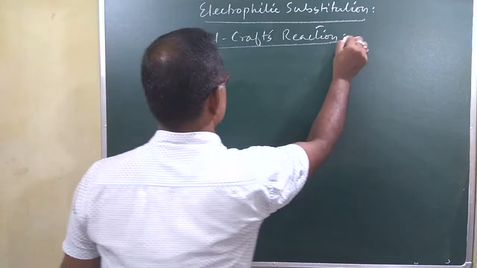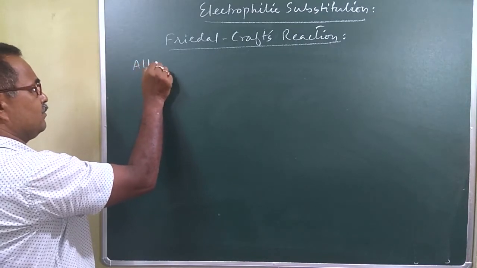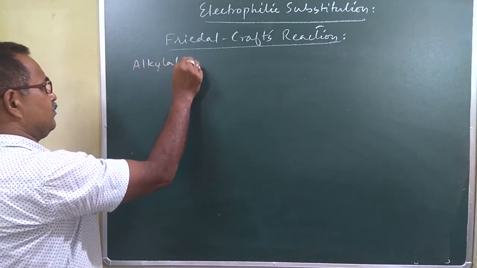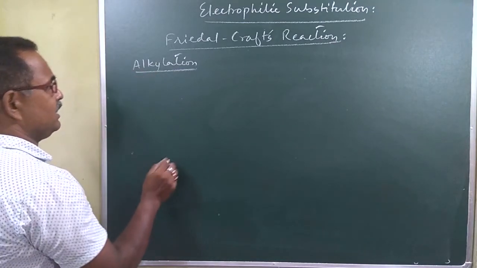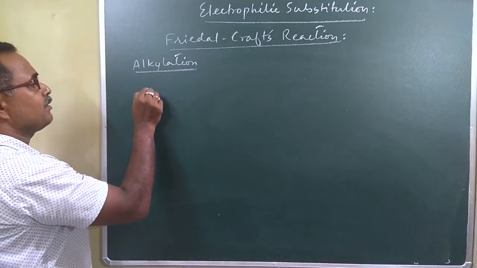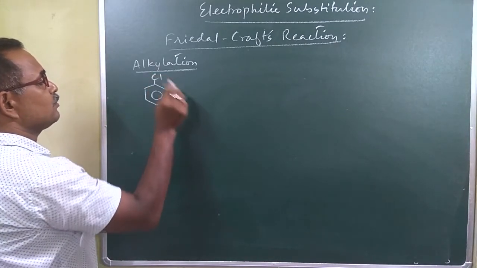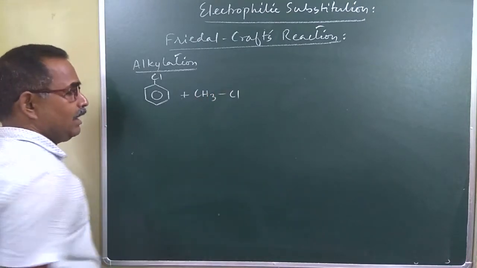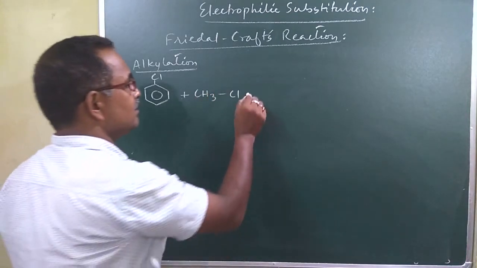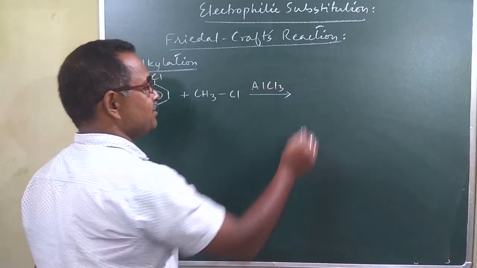Now consider Friedel-Crafts reaction. Two reactions are there, alkylation and acylation. First we will discuss alkylation. Okay. This is chlorobenzene. It will be treated with an alkyl halide in presence of Lewis acid catalyst AlCl3.